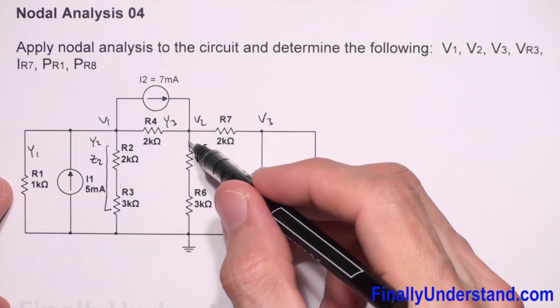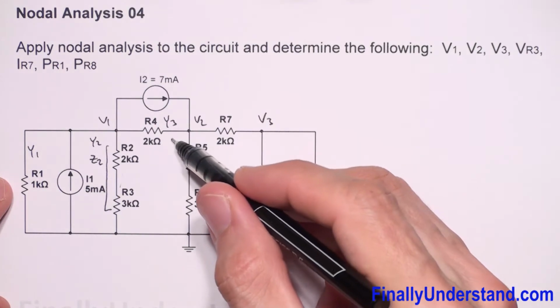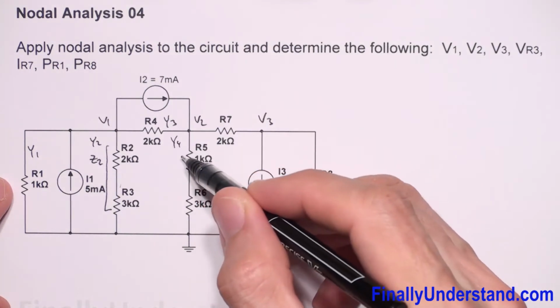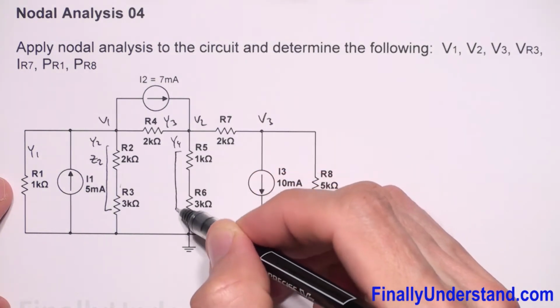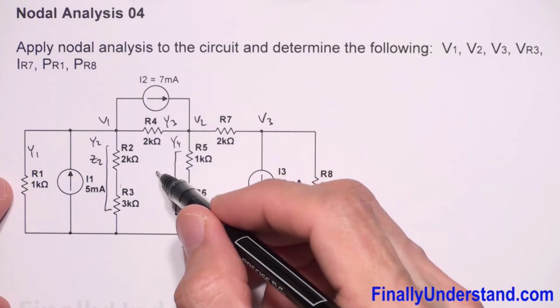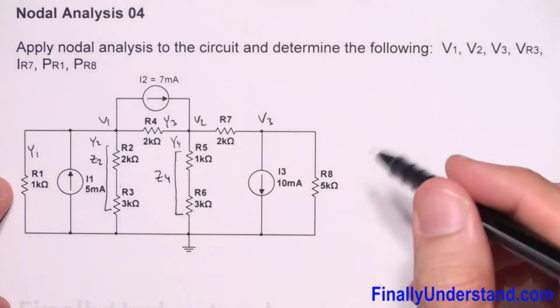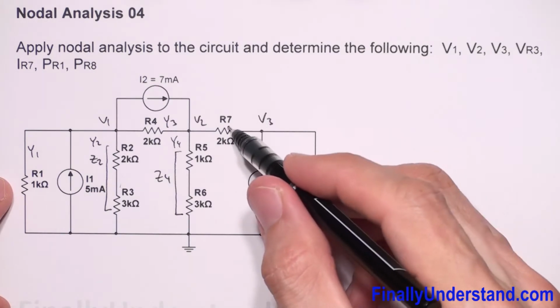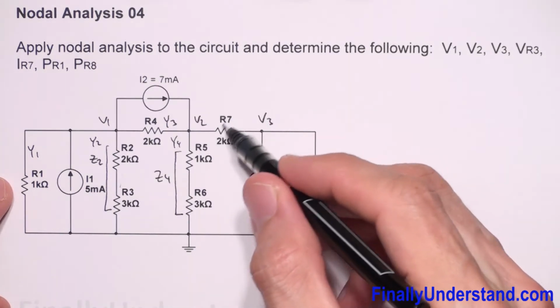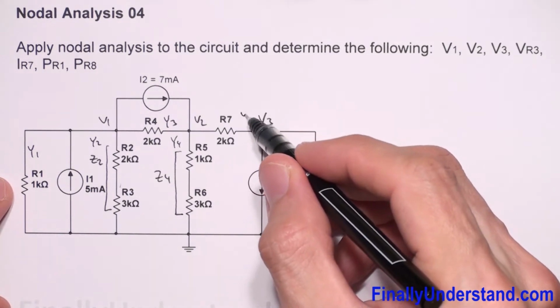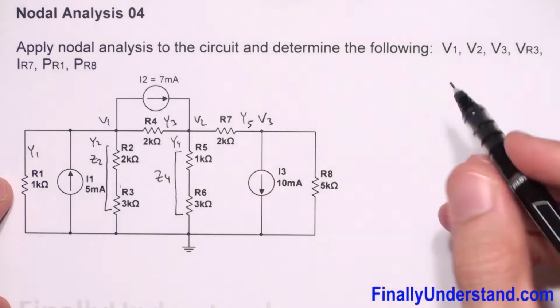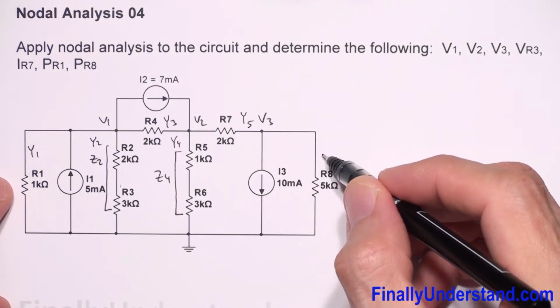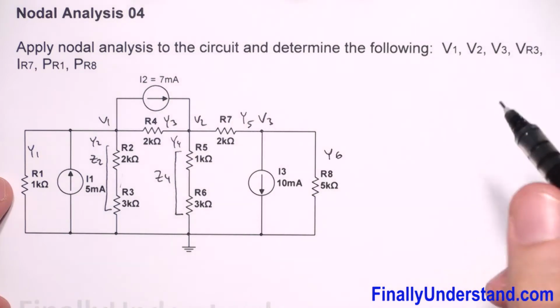So this is going to be my Y4. That's why I'm going to call total resistance of these 2 resistors Z4, and I'm going to call this admittance Y5, and this is going to be my Y6.